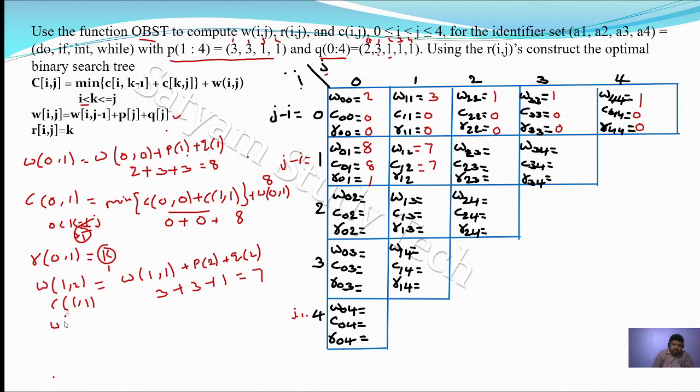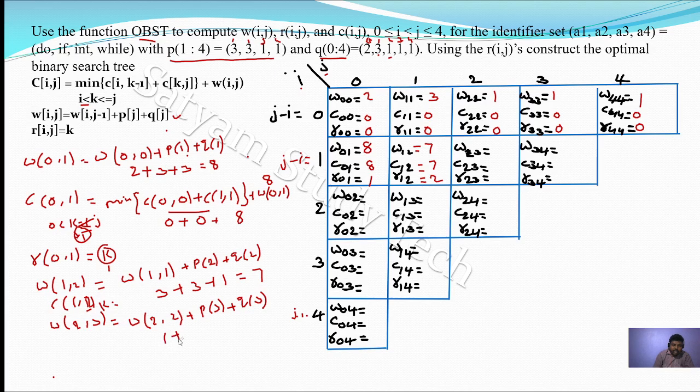Next, w of 2 3. For example, for C of 1 2 the k value is 2. w of 2 3 is equal to w of i comma j minus 1, that is w of 2 2, plus p of j, that is p of 3, plus q of 3. So w of 2 2 value is 1, you can see in the table it is 1.